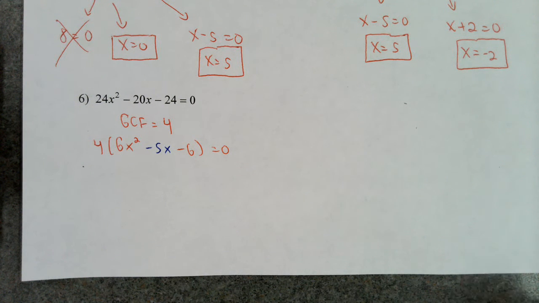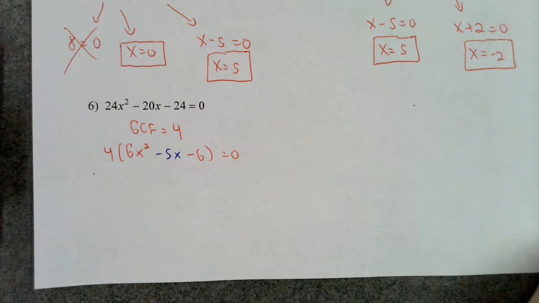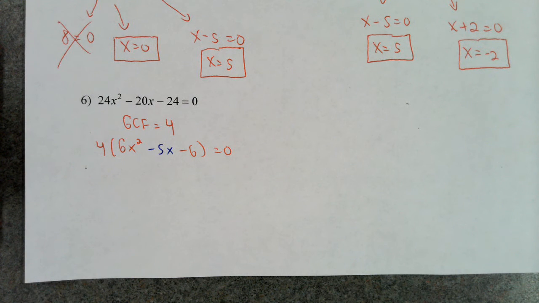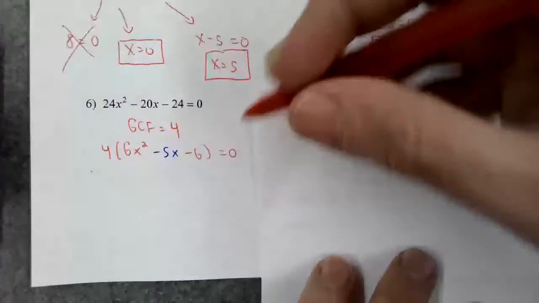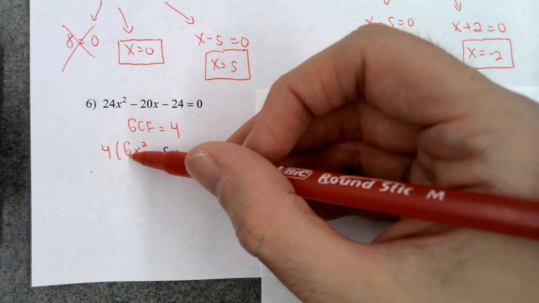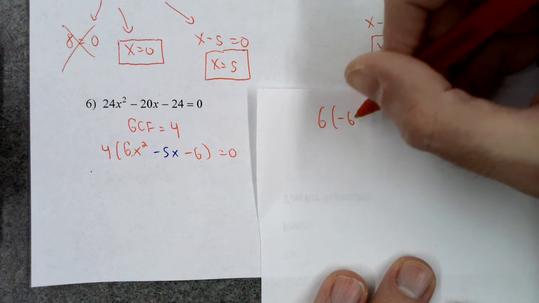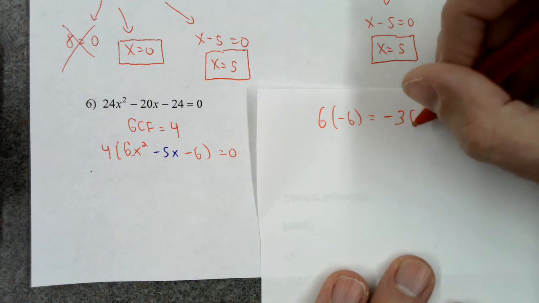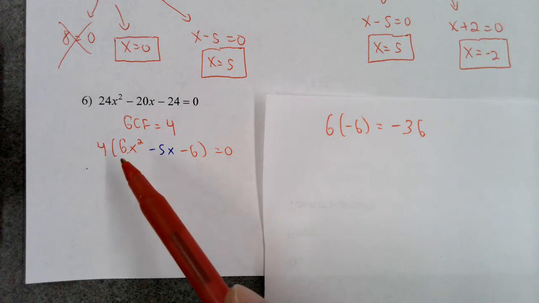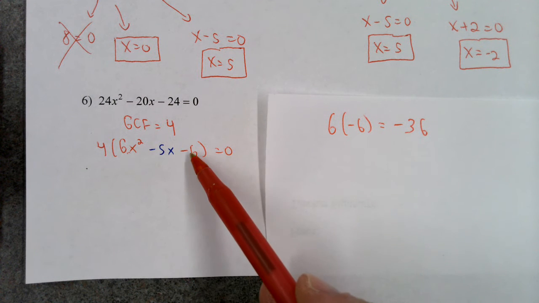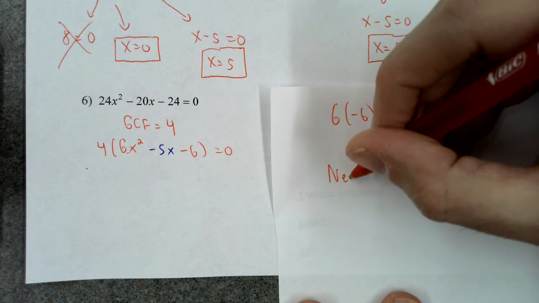Okay, so we took out the GCF, but now we have to factor this trinomial. So here's how we're going to factor that trinomial. First, you can take that 6 and you multiply it by that negative 6. That gives you negative 36. Now we need two numbers.